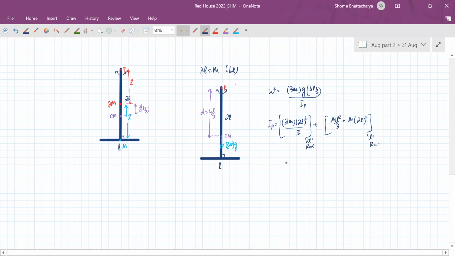Okay. So IP, to take ml square common, it's 8 by 3 from here plus 1 by 3 plus 4. So that will become 13 by 3. So I'm getting it as 7 ml square.